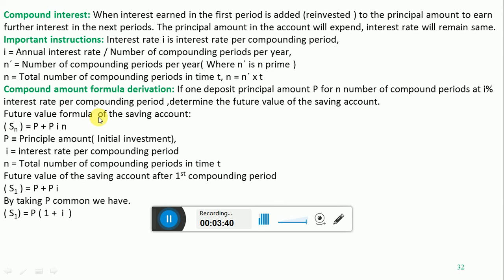Now, the future value formula of the saving account we studied in the previous lecture: Sn is equal to P plus Pin. In the previous lectures we put Sn is equal to P plus PRT.